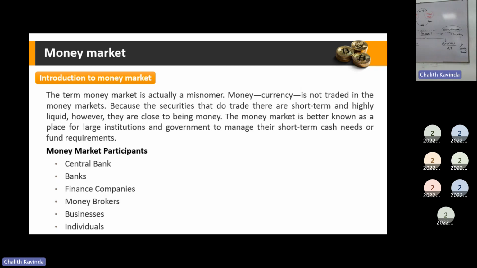Accordingly, it is much more similar to cash equivalents, so we call it money market. We are not selling currency or money here, but the financial instruments that we trade have high liquidity, like cash equivalents.